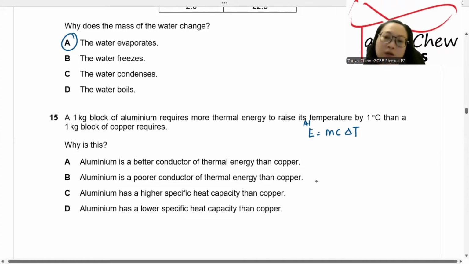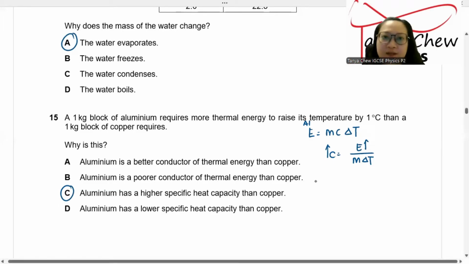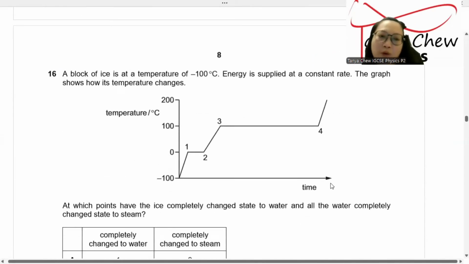With the same m and delta T, more energy is due to higher specific heat capacity. So aluminium has higher specific heat capacity than copper. The definition of specific heat capacity is the energy needed for a substance to increase its temperature by 1 degree Celsius. So that is why C is the answer.